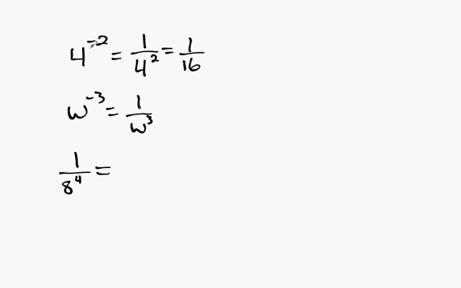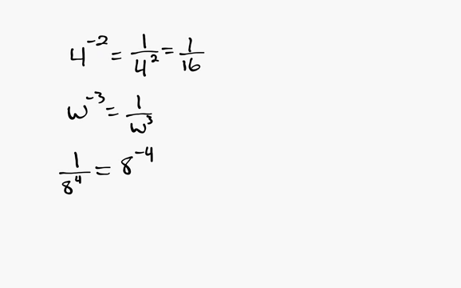So if we have 8 to the positive fourth in the denominator, we can rewrite that as 8 to the negative fourth, and that's it. These two are equivalent expressions. And if you want to put these numbers in a calculator, you will see that they are indeed the same exact thing.